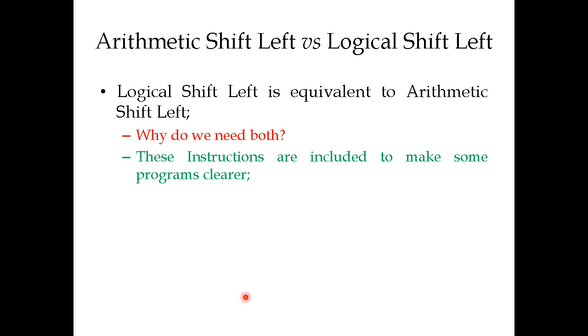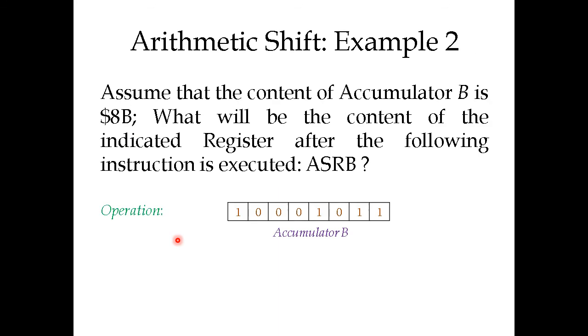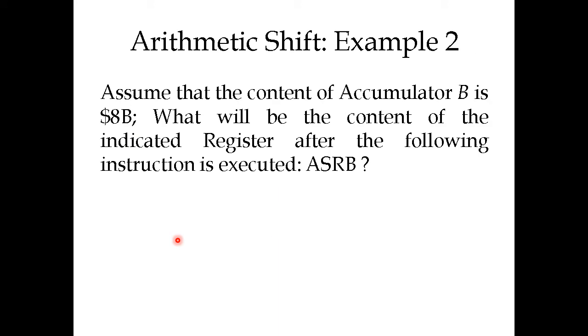The instructions are intended to make some programs clearer, because sometimes there are instructions for arithmetic ones and instructions for logical ones. So programmers try to keep the meaning separate, like logical shift and arithmetic shift, but technically there is not much of a difference, because as you have seen, the operation is pretty much the same. But they sometimes try to keep the convention, okay?